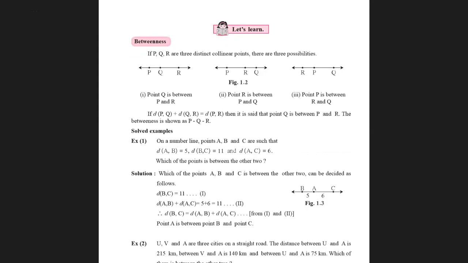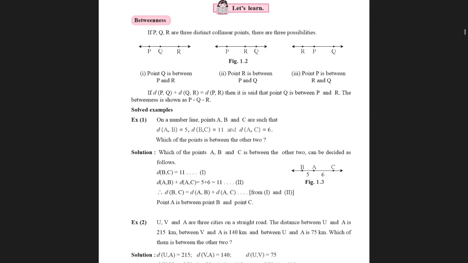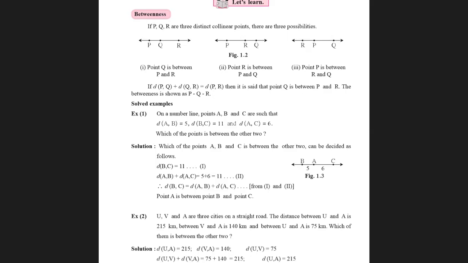Now what are the possibilities that PQR lie on the same straight line? There are 3 possibilities. Number 1, point Q lies between the points P and R. That's the first figure. The second possibility is point R lies between P and Q, the second figure.